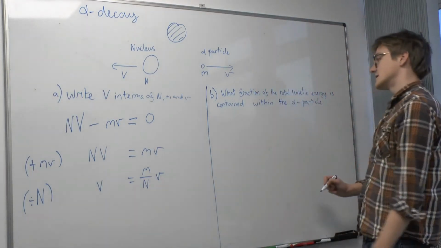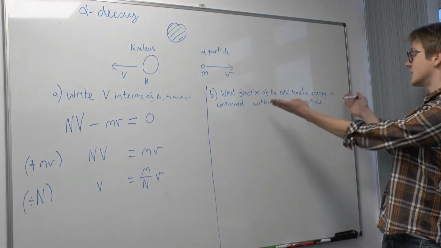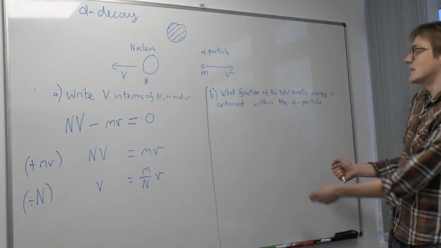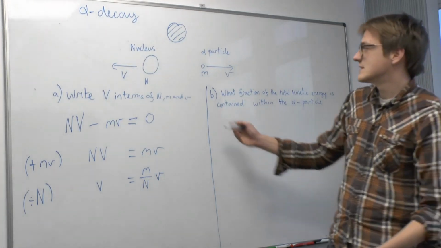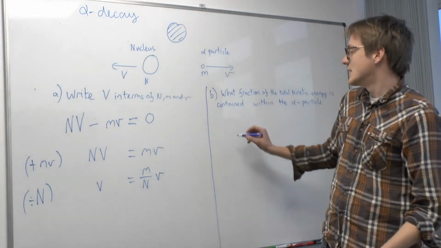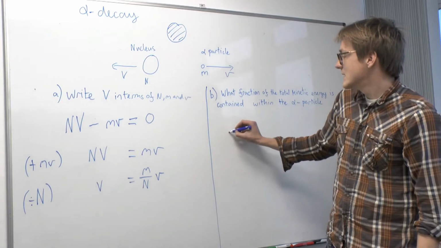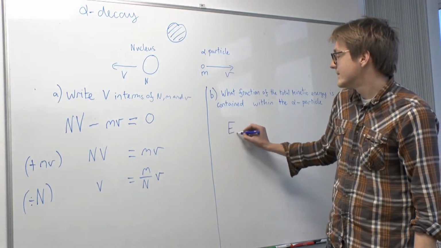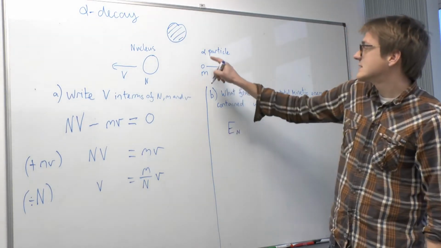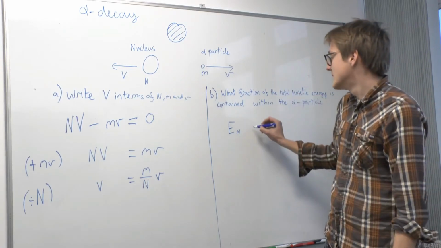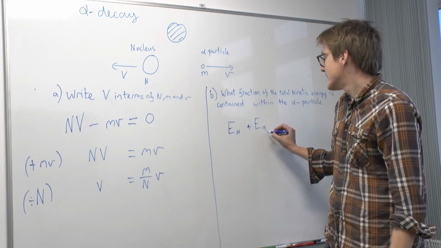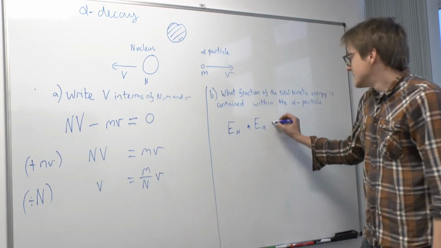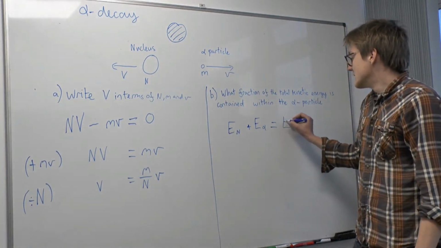Now the next part of this question is asking what fraction of the total kinetic energy is contained within the alpha particle. So the total kinetic energy of the system is the kinetic energy of the nucleus, so E nucleus, plus the kinetic energy of the alpha particle, equals E total.